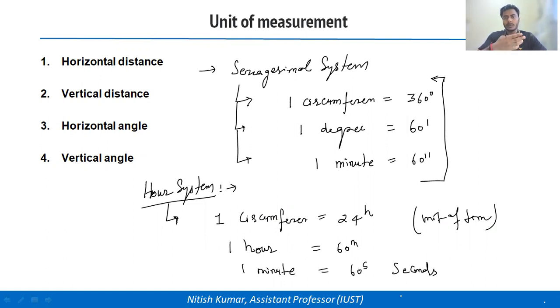So basically there are 2 units in which we can show angles, either the sexagesimal system or the hour system. In this surveying chapter, mainly we will deal with the sexagesimal system.